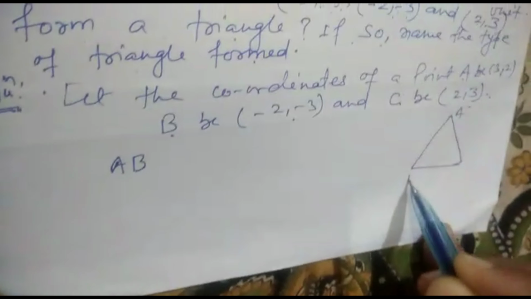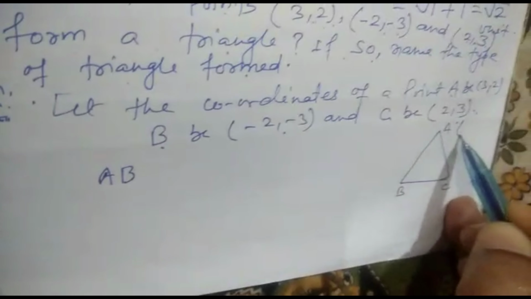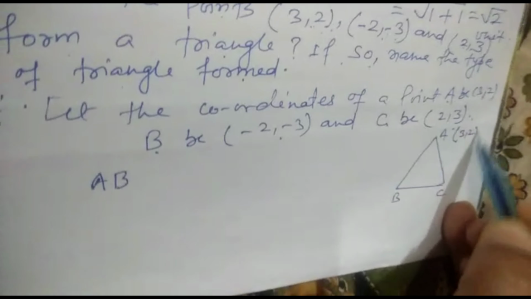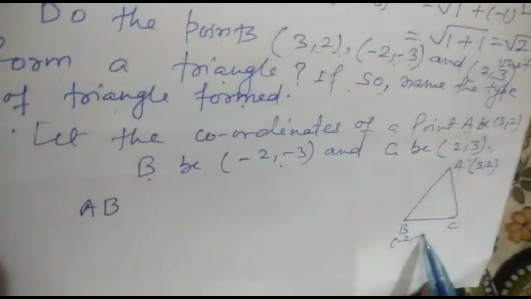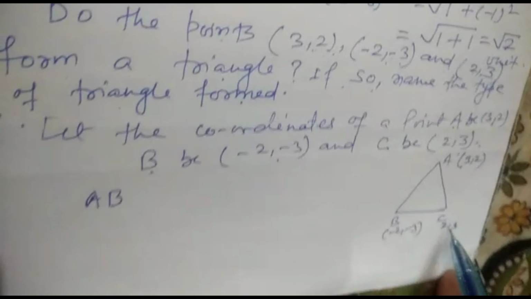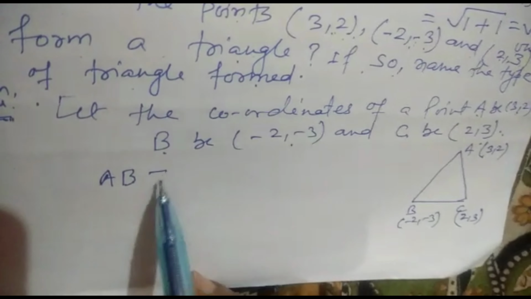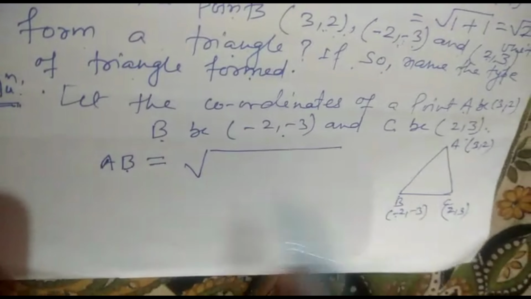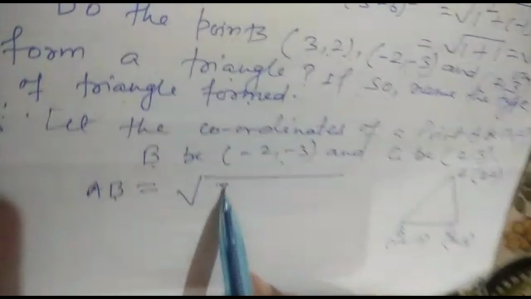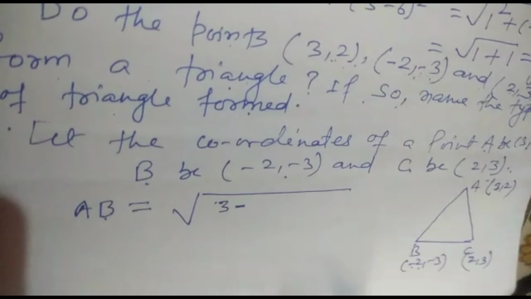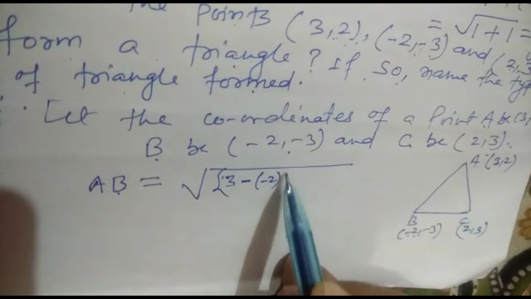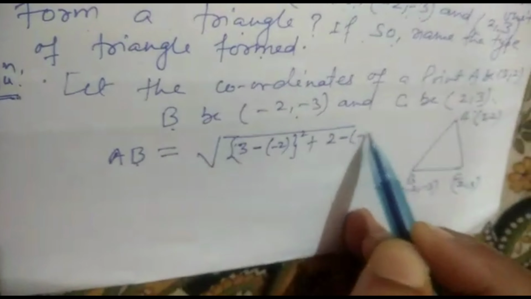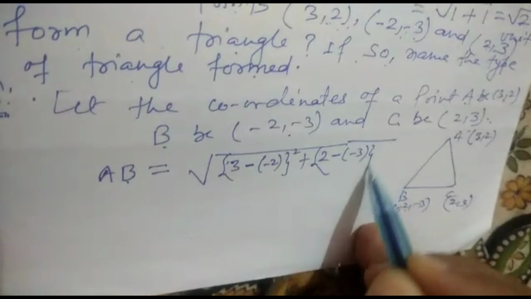This is triangle ABC. The coordinate of A is given (3, 2), the coordinate of B is given (minus 2, minus 3) and the coordinate of C is given (2, 3). So using the distance formula, firstly I will find AB. AB equals the square root of (x1 minus x2) whole square, where x1 is 3 minus x2 which is minus 2, whole square, plus (y1 minus y2) whole square, (2 minus minus 3) whole square.